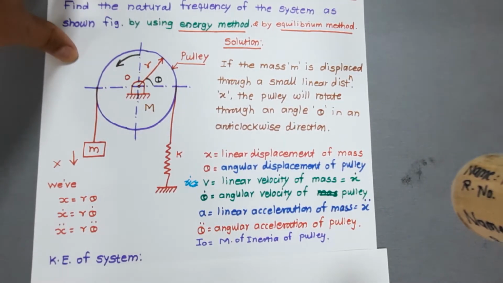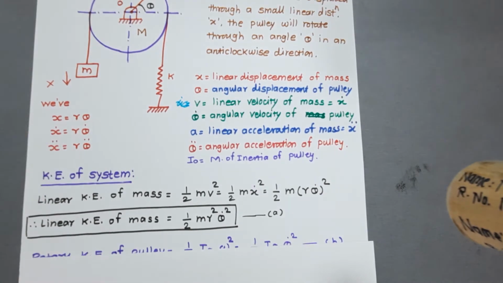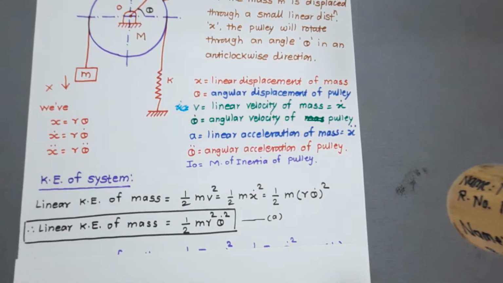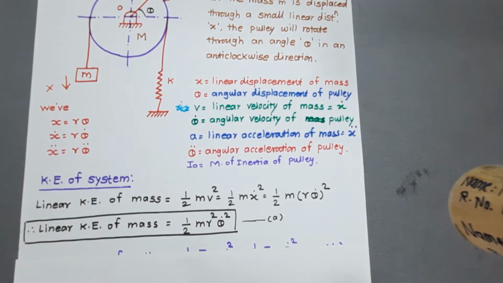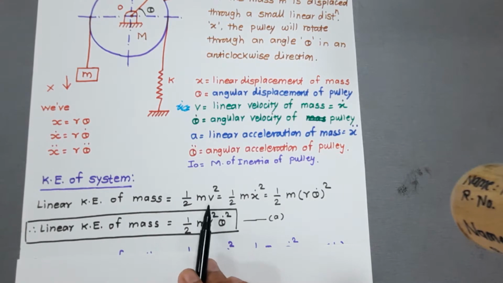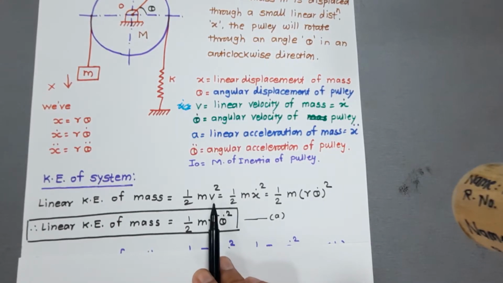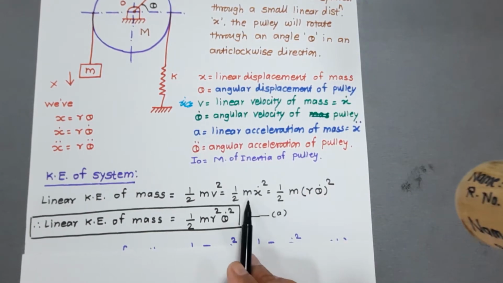As we are going to solve this problem by the energy method, first of all we will calculate the kinetic energy of the system. The linear kinetic energy of the mass, this mass first, is given by the formula 1/2 m v square. Here v is represented as x dot, so it is 1/2 m x dot square.